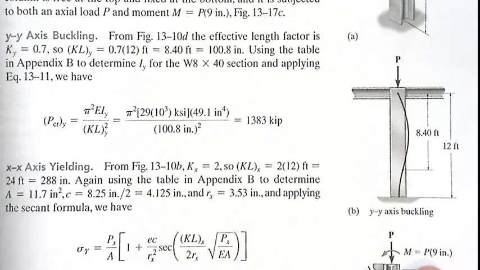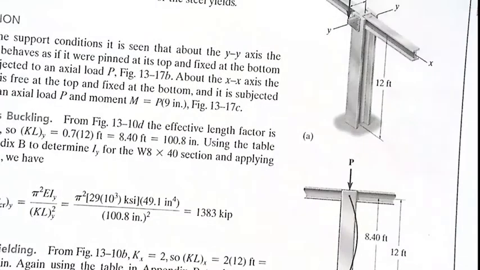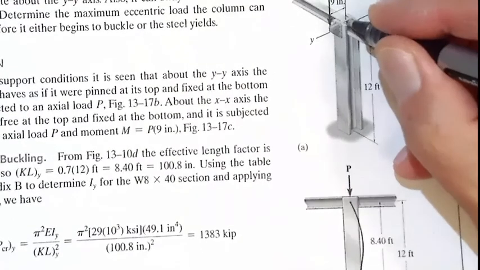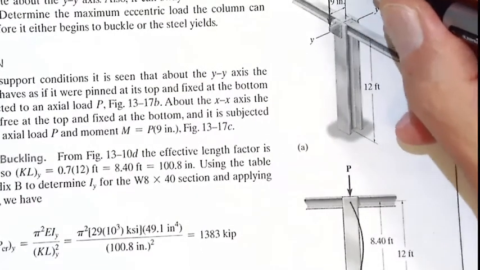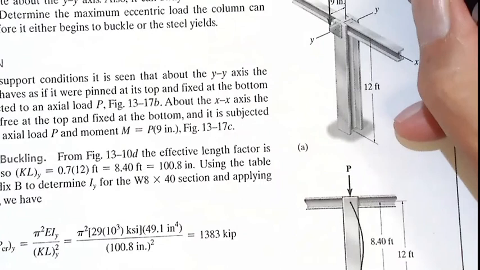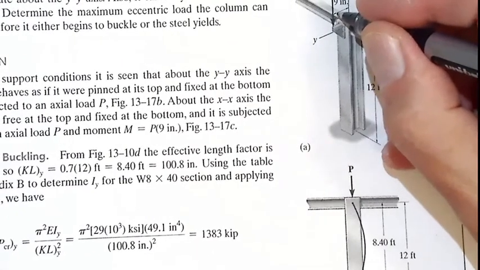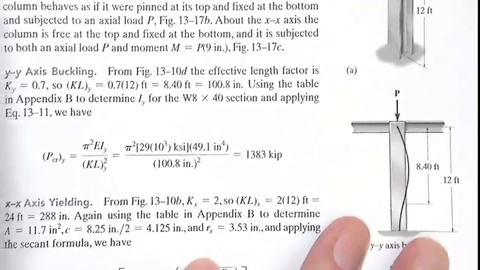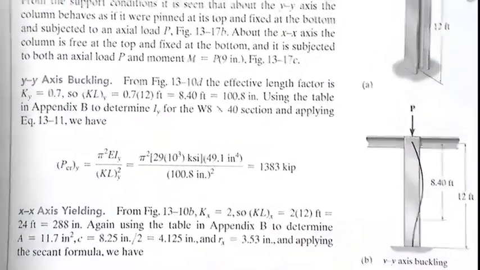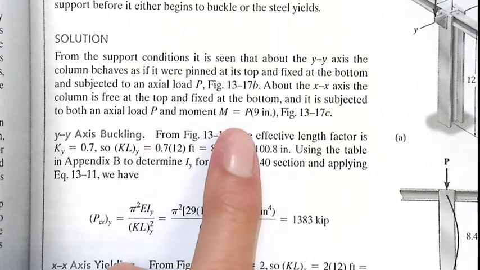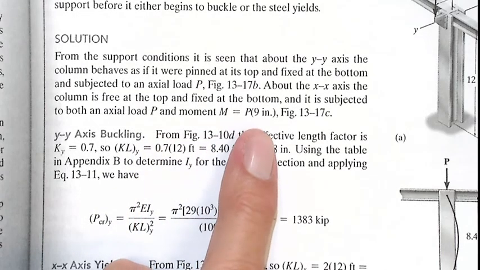Look, please, that is the centroid. From the centroid, the distance is 9 inches, so small e is 9 inches. So P and moment, P times 9 inches.